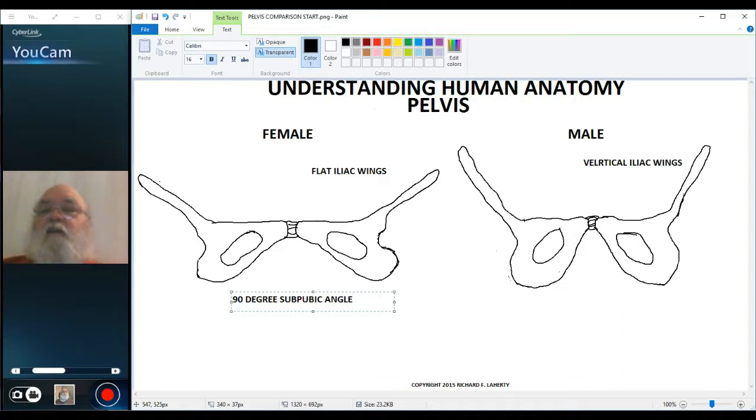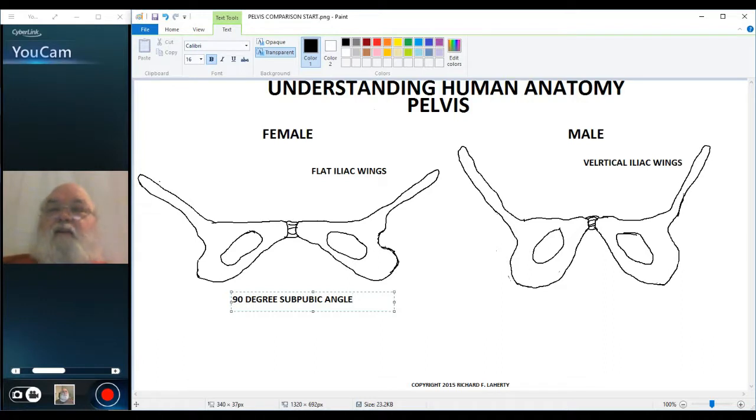And that angle can be approximated by holding your hand up, and the angle between your index finger and thumb, when your thumb is fully stretched out, is about the subpubic angle of a female pelvis.